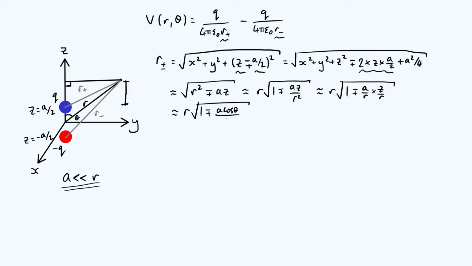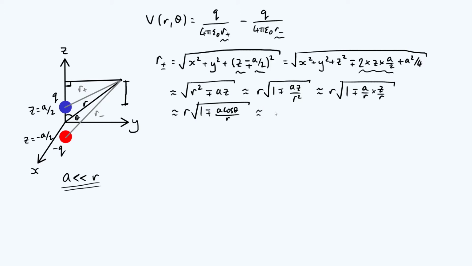Okay. Now, what we can do is make another approximation, okay? Because a over r, this second term here is a cos theta over r, which is linear in a over r, but a over r is much less than 1, right? That's what we said at the beginning. And so we can do a binomial expansion on this whole thing and just do it to first order in a over r.